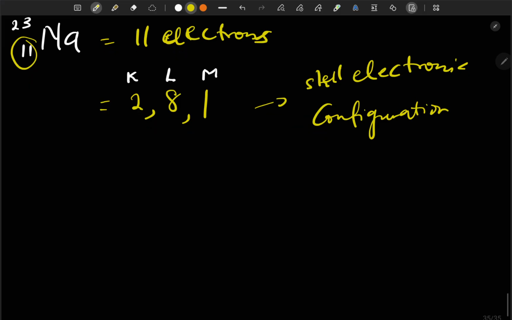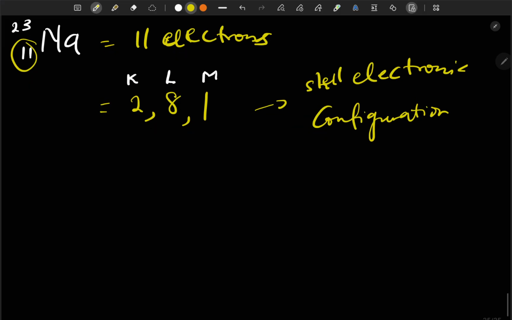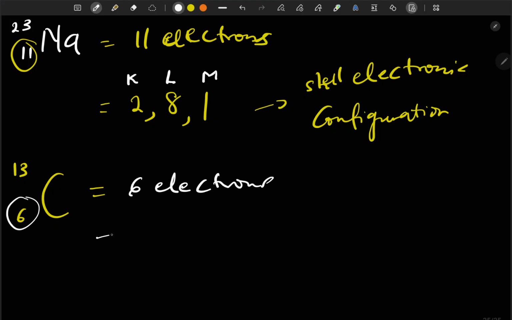Let's try another atom. Let's say we have carbon, 13, 6 carbon. What is going to be the electronic configuration of carbon? How many electrons are present? We have 6 electrons in total. Now remember, the first shell is the K shell and it can take just 2 electrons.